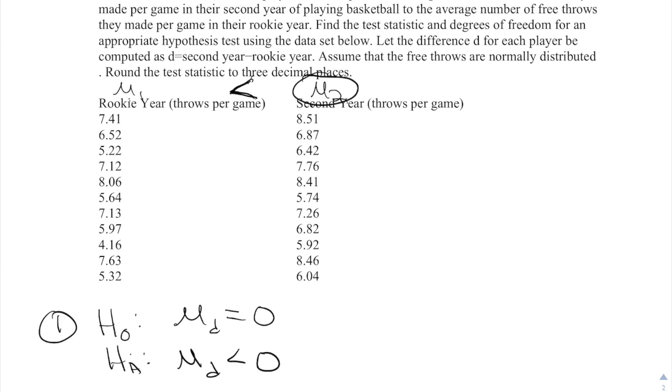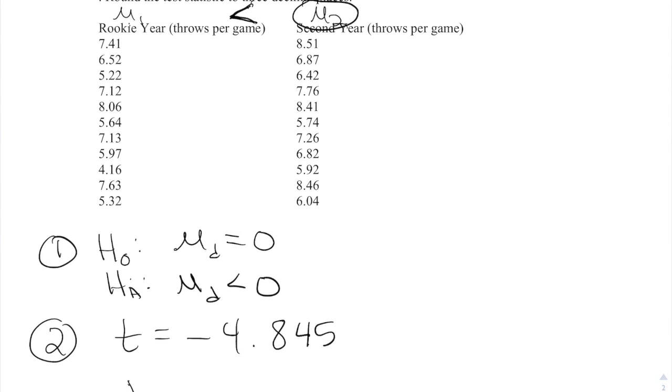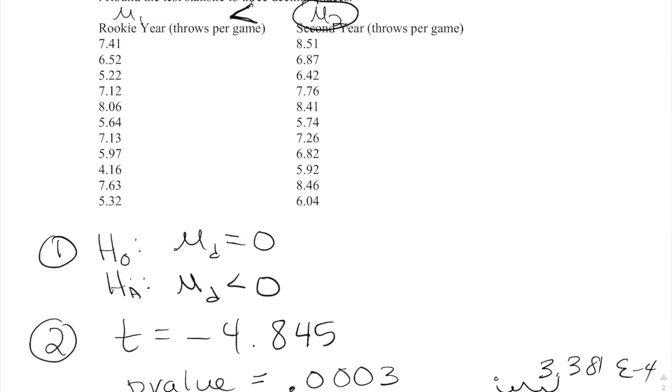Okay, so our calculator gave us our t-test statistic to be equal to negative 4.845 because it tells us to go to 3 decimal places. I'm going to go ahead and write the p-value here as well as 0.0003. Remember it did that 3.381 and e negative 4. That means you go 1, 2, 3, 4 places. Add the zeros in. Okay?